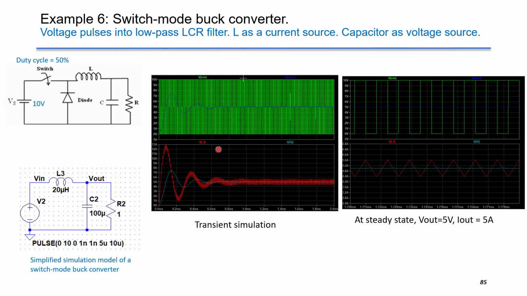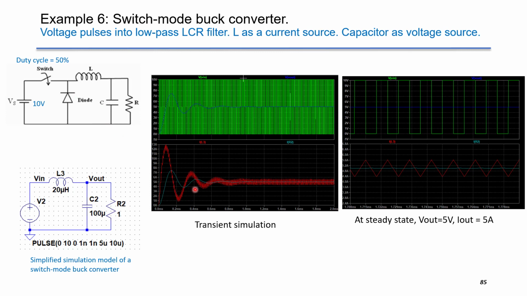On the left-hand side gives you the transient simulation over time. This figure shows the transient simulation. At the beginning, there's some oscillation, and as time goes by, the system settles down and the output voltage becomes steady state. Transient behavior is caused by the second-order LC resonance.